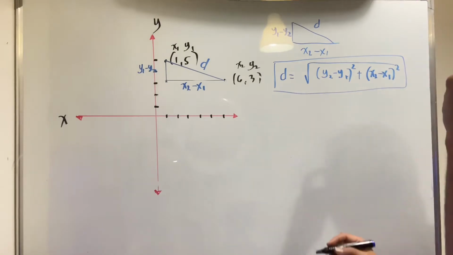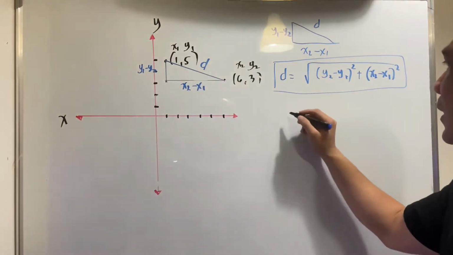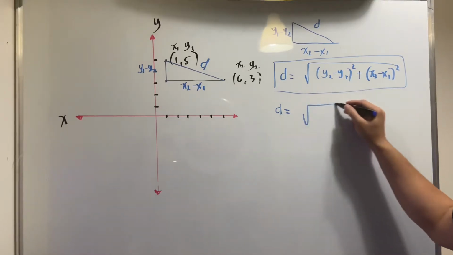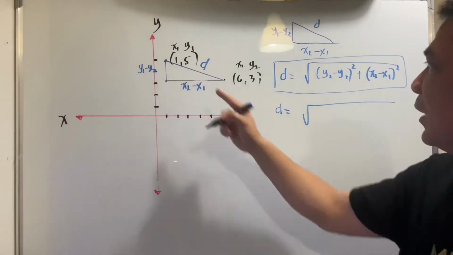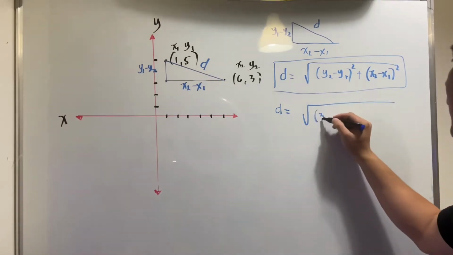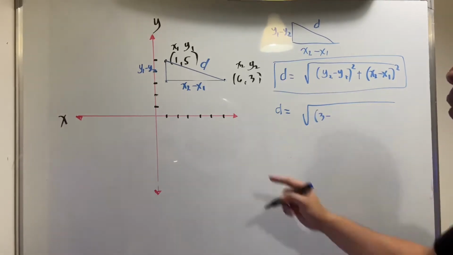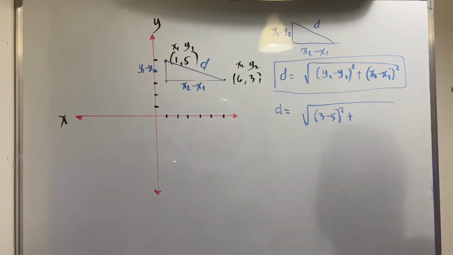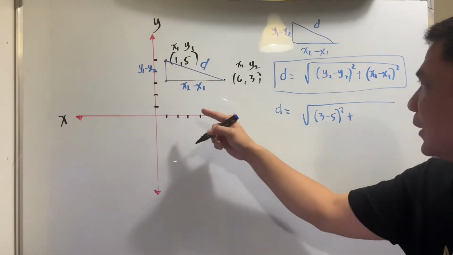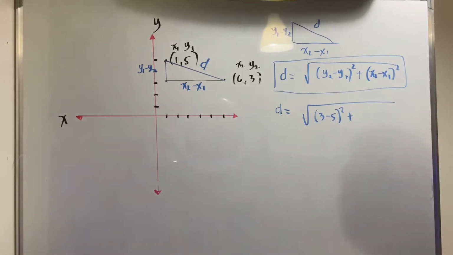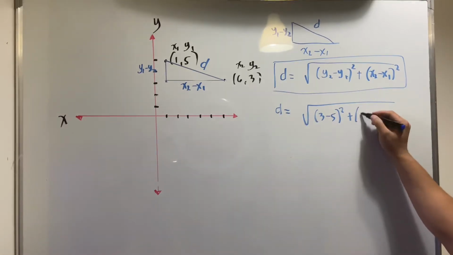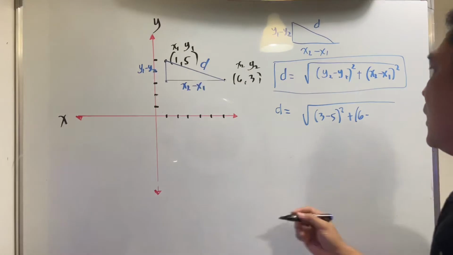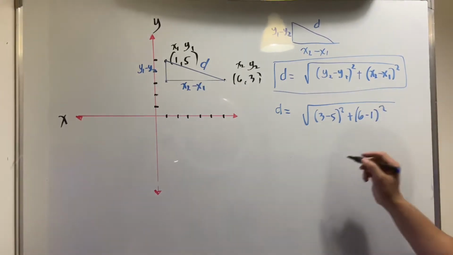So let's try to solve this problem. The distance between these 2 points is the square root of y2, which is 3, minus y1, which is 5, squared, plus x2, which is 6, minus x1, which is 1, squared.